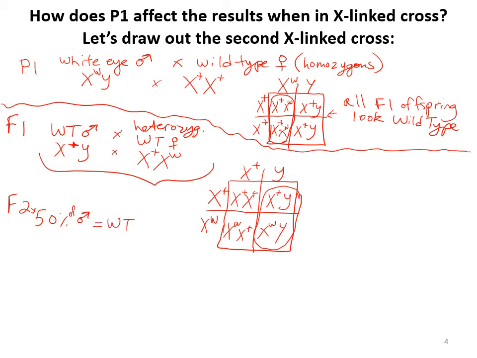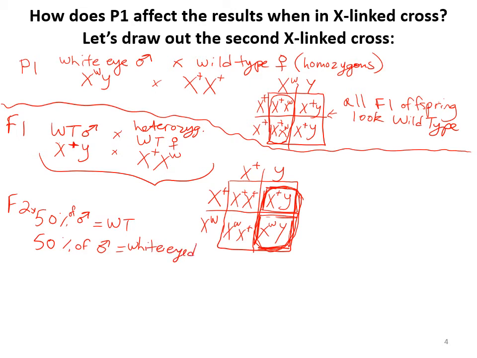Because these 2 squares are our males. 1 out of 2 of those squares has a plus mark. The other 1 out of 2 has only a W. So 50% of males look wild type, and 50% of males look white-eyed.